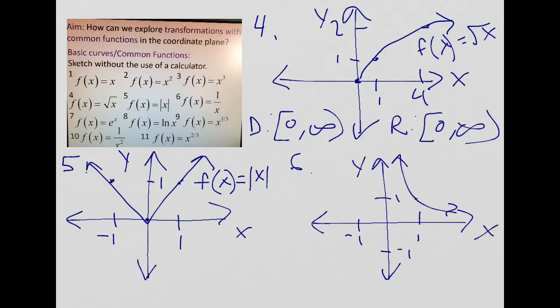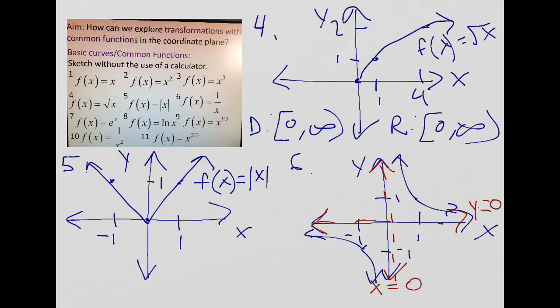I forgot to label the axes. What am I doing? And I should also have this in as well before I plotted any points. I'm going faster than I possibly can.